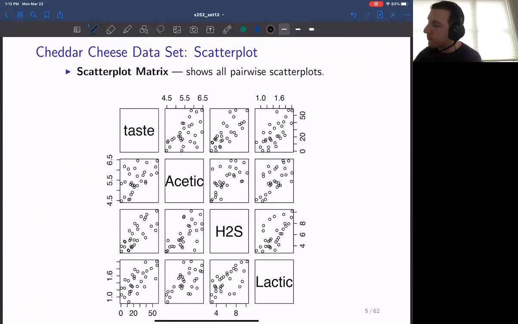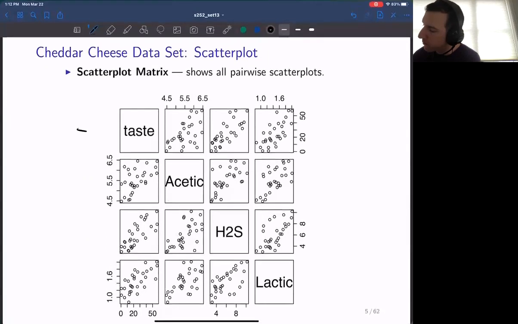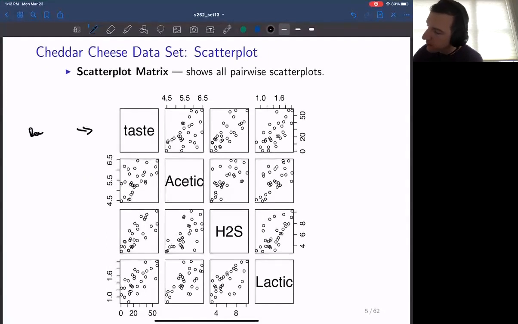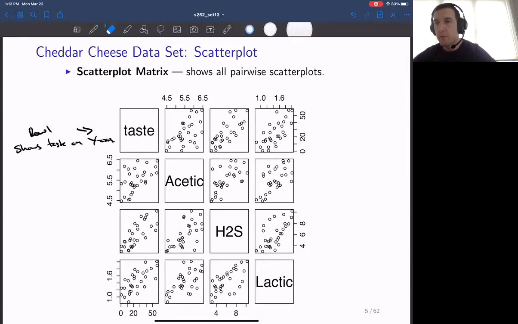In the first row, row 1, each of the 3 plots shows taste on the y-axis. That's the natural position for the taste variable, because that is the response variable for our problem.